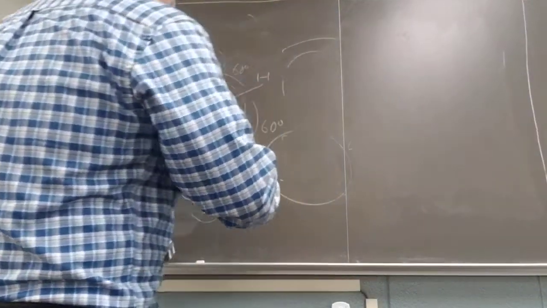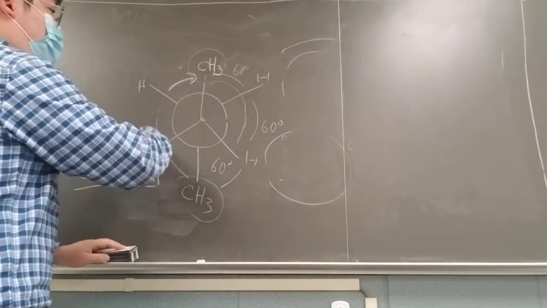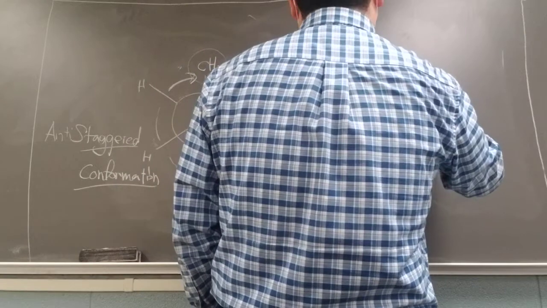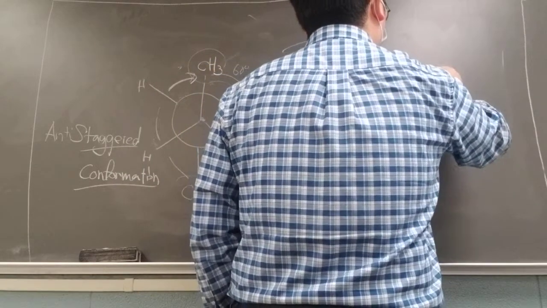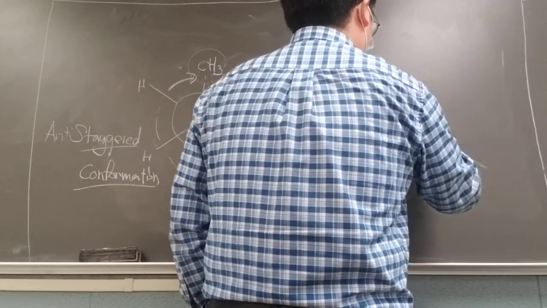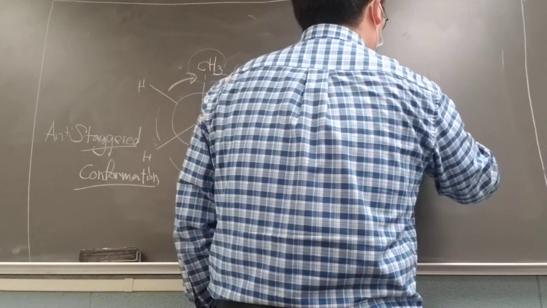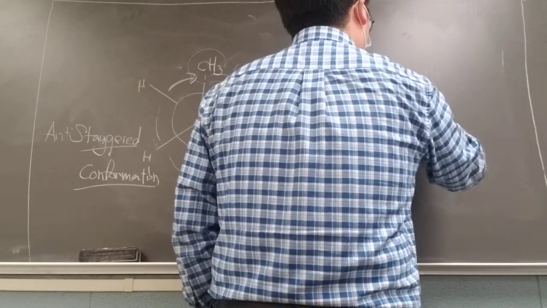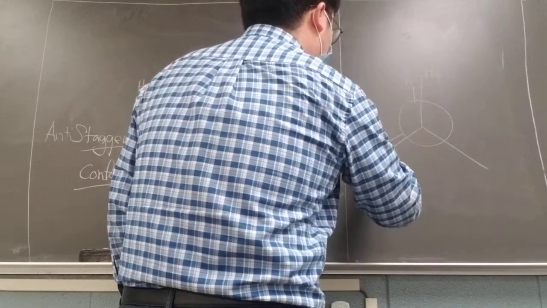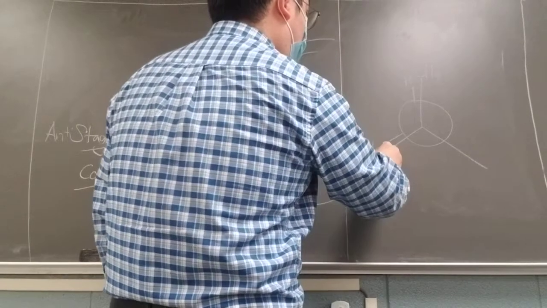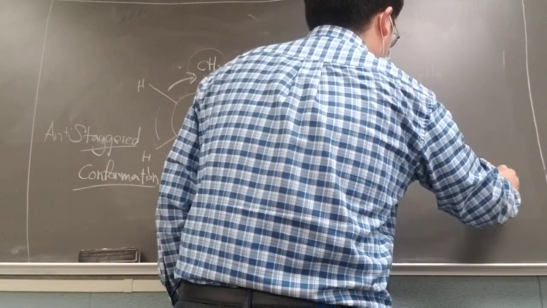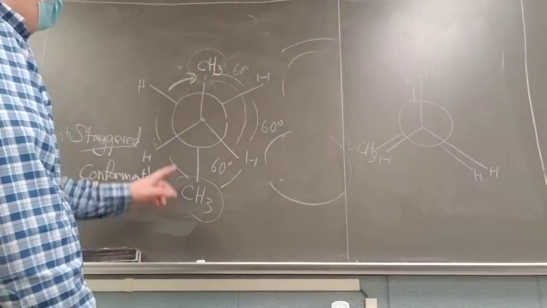And then if you rotate it 60 degrees, what happened to this one is, let me see, this one has this one, right? Okay, and this one will have this one. I don't know if I did it right. Yeah, I think right.